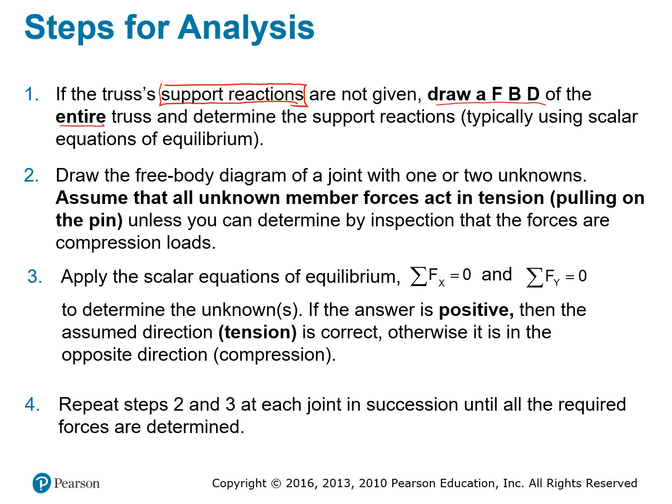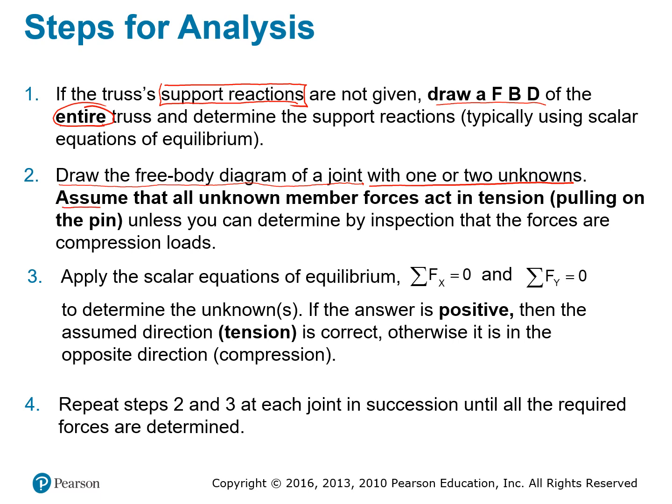This is needed so we will get enough information to use the method of joints to solve the problem. And the second step is that you pick a joint with one or two unknowns, and you draw the free body diagram of that joint, just like the one that we showed you at point B.